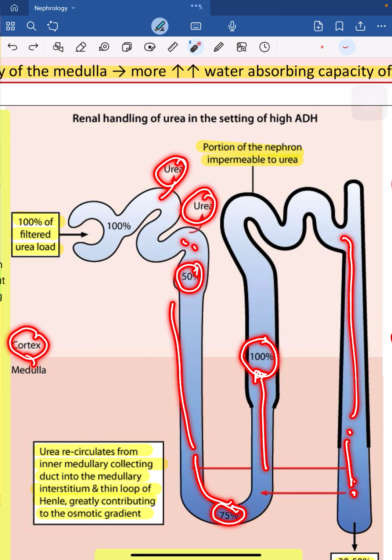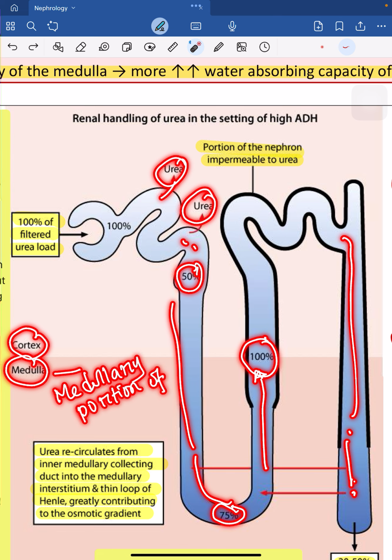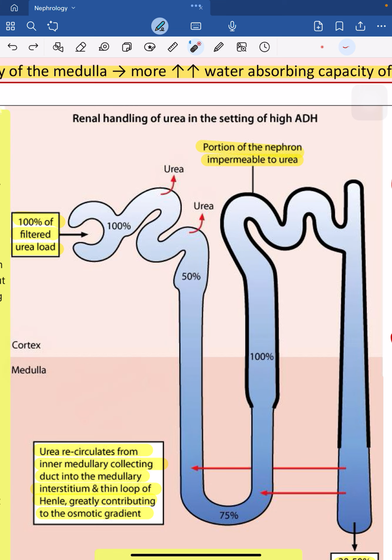This is cortex and this is medulla. This is the medullary portion of the collecting duct, and this is the interstitial space, and this space contains urea.